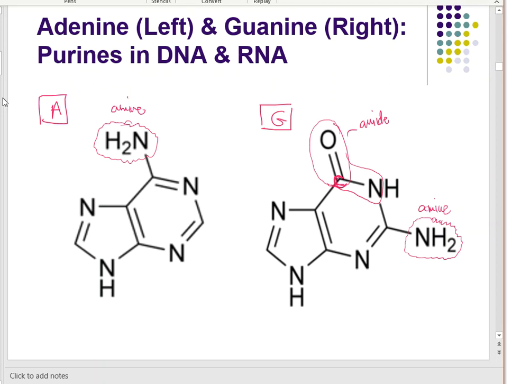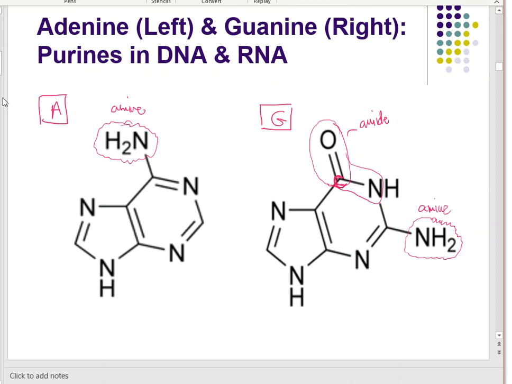But in particular, if it's connected to a nitrogen on one side, like it is here, this is called an amide. So adenine has an amine to the left, and guanine has an amine as well, but it also has an amide. That's the only difference between the A and the G.